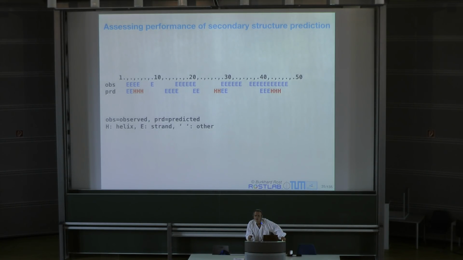What I'm saying is we could count one class and then divide by the sum. So we can count each class separately. So we could, in fact, rather than having a Q3 where we count up all the residues correctly predicted in any of three states, give three numbers: the fraction of correctly predicted helices, correctly predicted strands, and class other. That's what you mean? Yes.